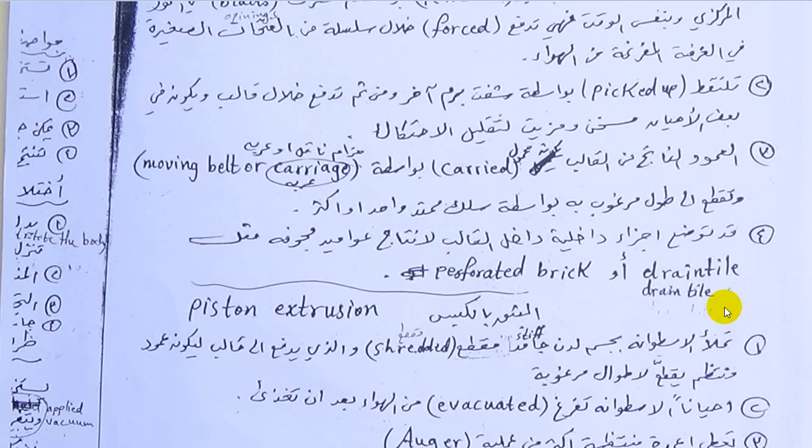All of them are termed the articles manufactured by the auger extrusion methods, exemplified by perforated bricks, perforated tiles, or the drain tiles, as you can see right here in front of you.